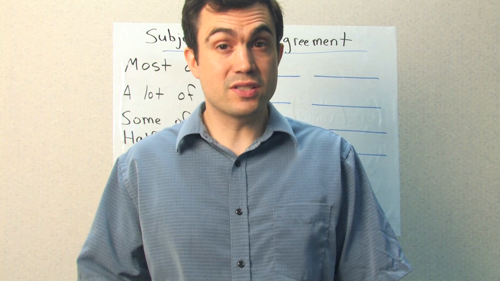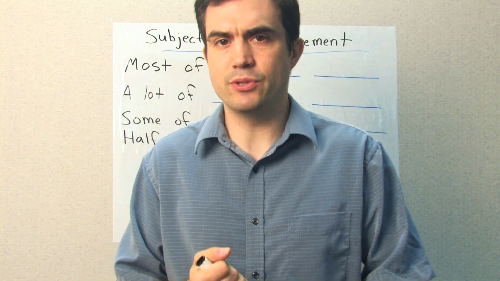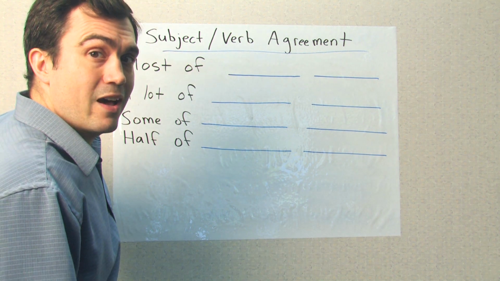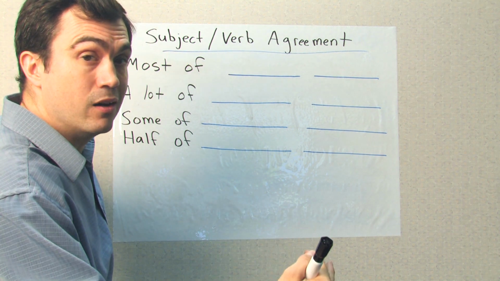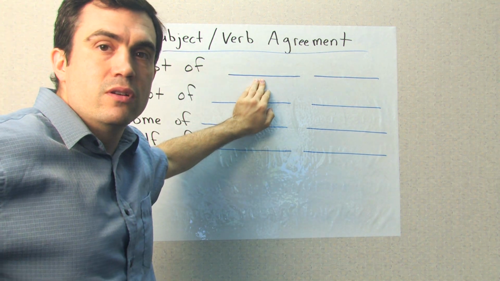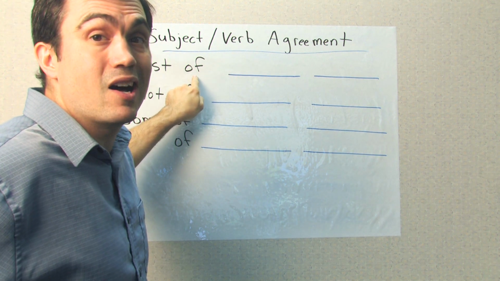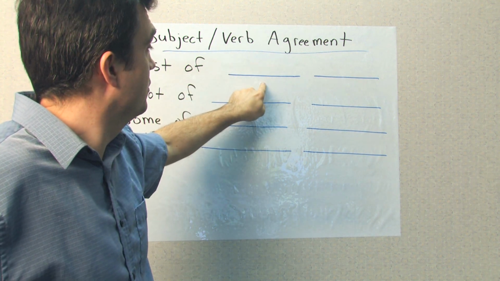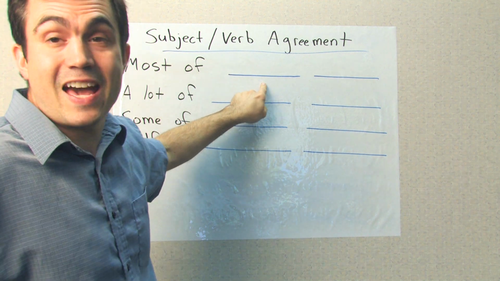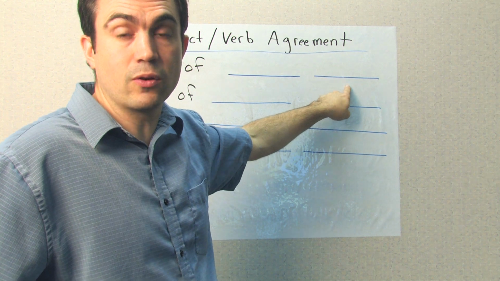Let's continue with subject-verb agreement, but let's look at some more advanced examples, okay? So, when we have an expression like most of, the noun or pronoun that follows of is either singular or plural. That determines whether the verb will be singular or plural.